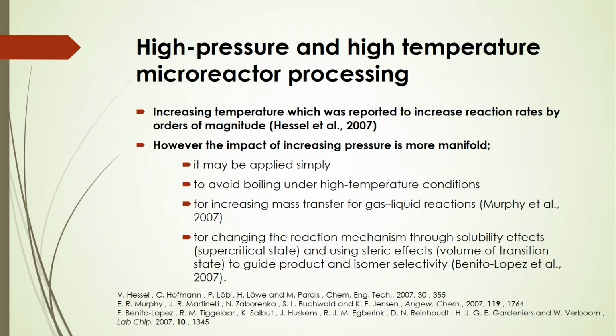It may also guide product and isomer selectivity based on high pressure and high temperature microreactor processing. So, these are some impacts of increasing pressure on a reacting system in the microreactor.